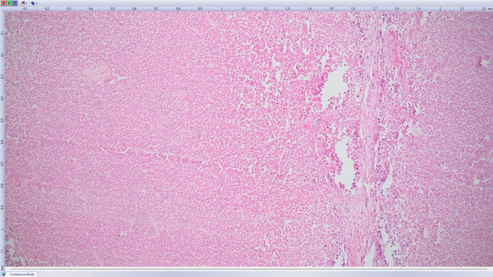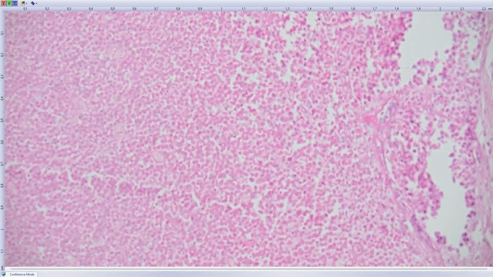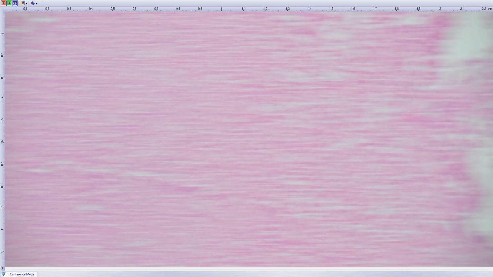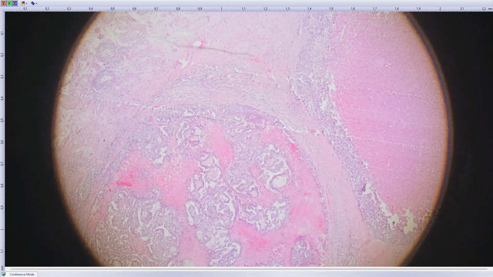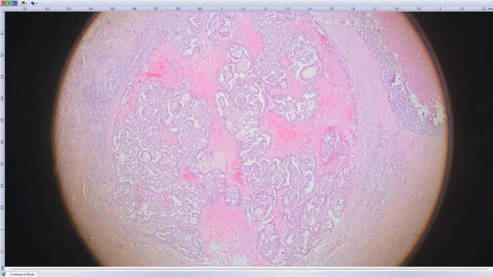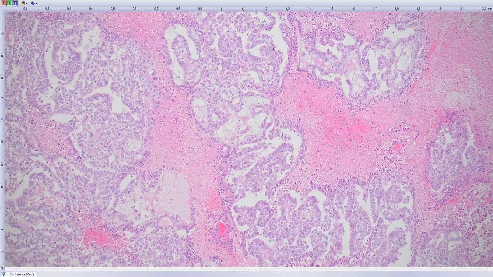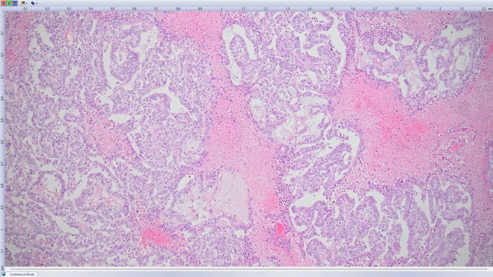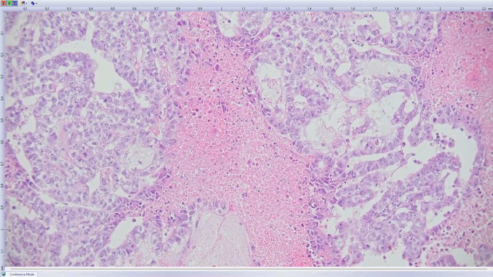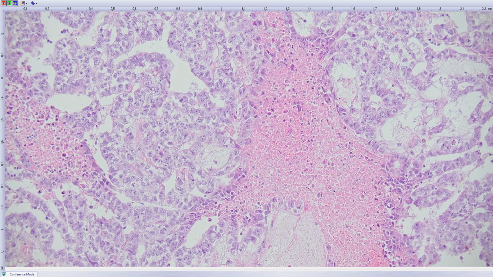So in some parts it was really necrotic, but still it's seminoma, necrotic. But in some blocks there were very small foci, in 2 or 3 blocks, of this component, and this is not seminoma, this is embryonal carcinoma.